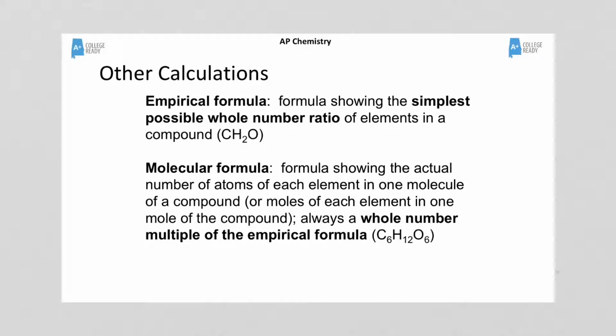So many times, like as I've given you with this example of glucose, I would have had to take this empirical formula and multiply it times 6 to get the molecular formula. But there are cases where the empirical and molecular formula are one and the same.